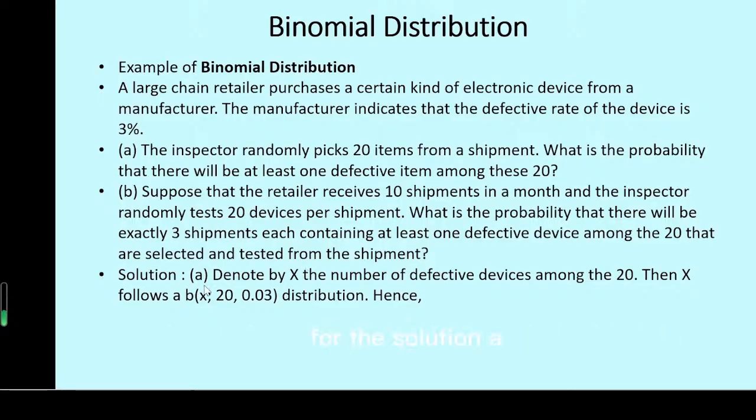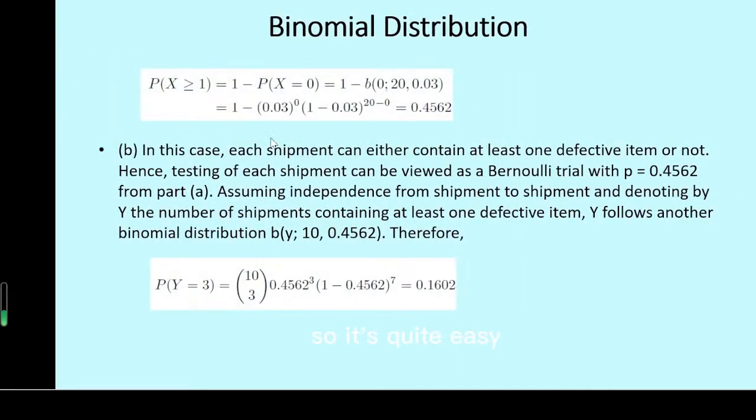For solution A, if we denote by x the number of defective devices among the 20, then x follows a binomial distribution with n = 20 and p = 0.03, right? So it's quite easy. We just calculate the probability of x larger than or equal to 1, which means 1 minus the probability of x equal to 0.